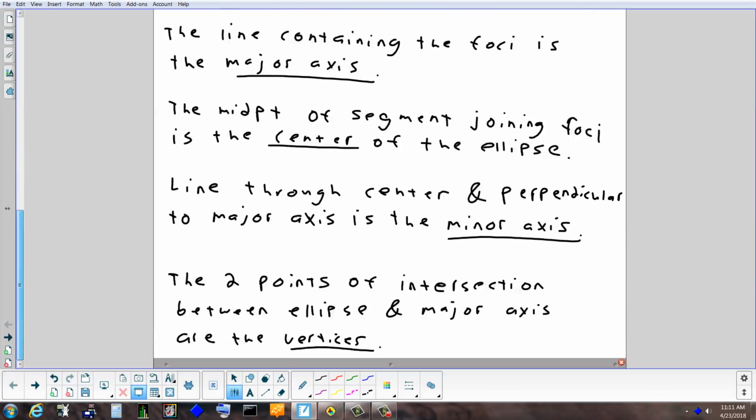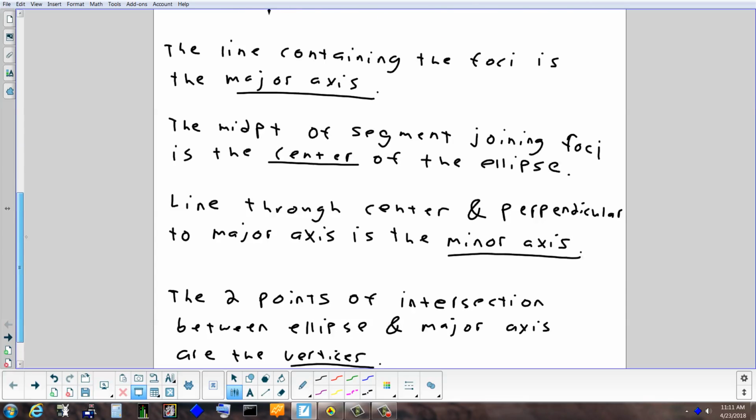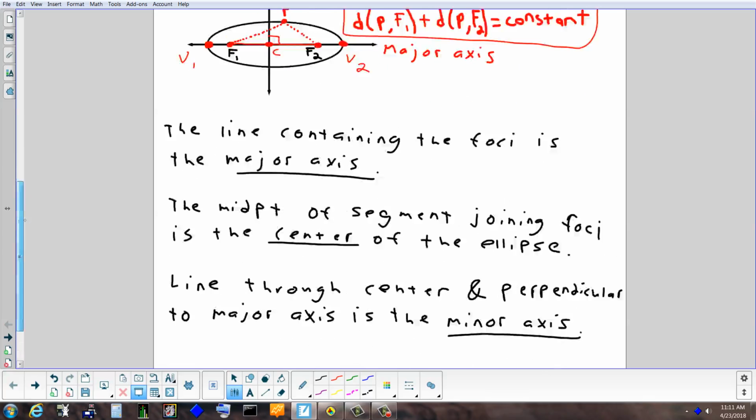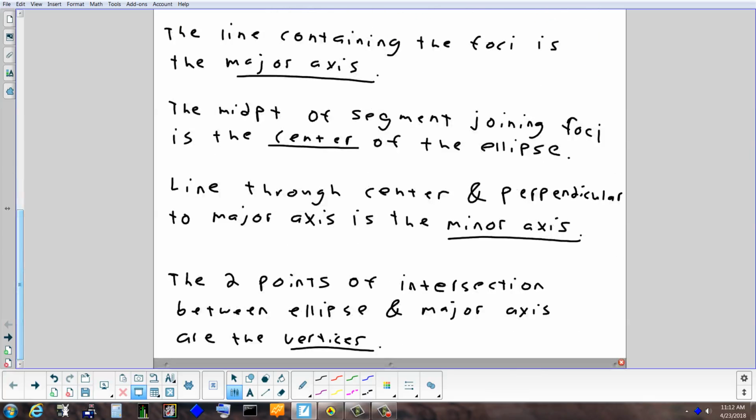Right? And the 2 points that I erased, those are called the vertices. That's where the major axis crosses the ellipse. So here and here, V1, V2, vertex 1, vertex 2. So vertices are where the major axis crosses the ellipse. So major axis goes right through all the important stuff. Okay, and I think that's most of the vocab.